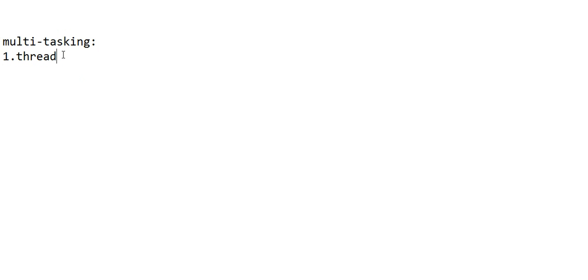Then coming to thread based. In the previous one I said that process based means two processes at a time, right? But in thread based multitasking, I have a single process, and in the single process there are one or more tasks, right?